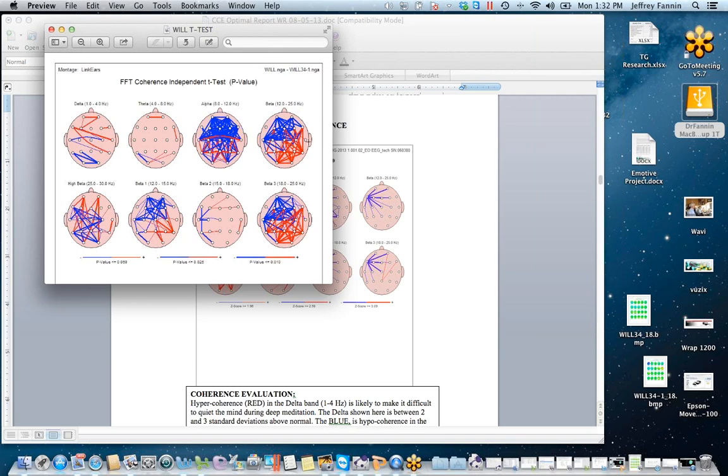And so the red here, again, we have the delta, the theta, alpha, and beta. Then the bottom row is all beta. So the red indicates what your brain does when you're just sitting there with your eyes closed. And then it's showing us the difference of what happens when you go into the whole brain state. That's all the blue.